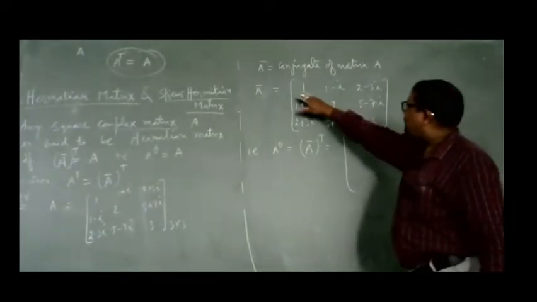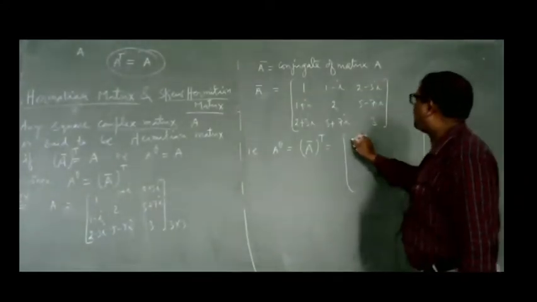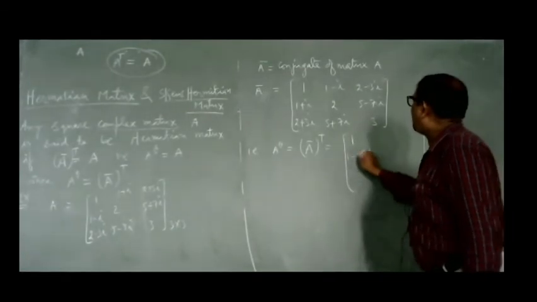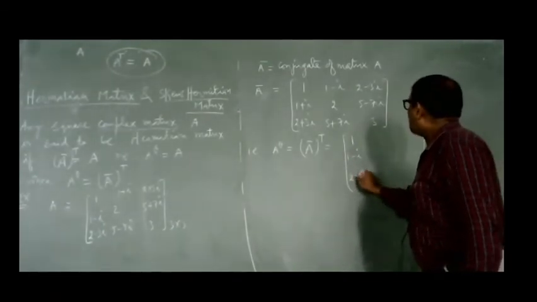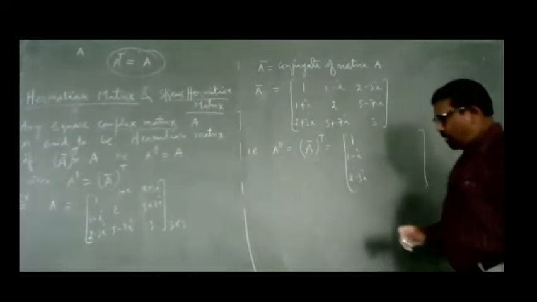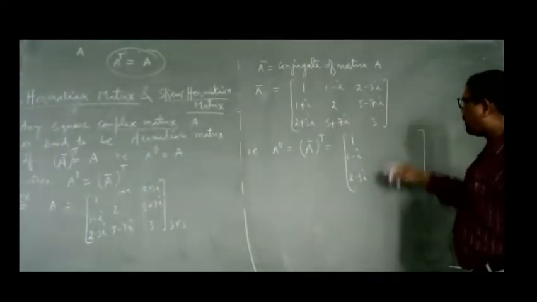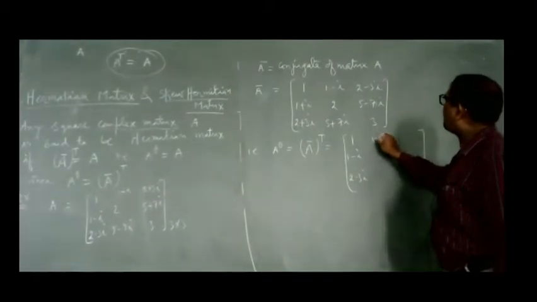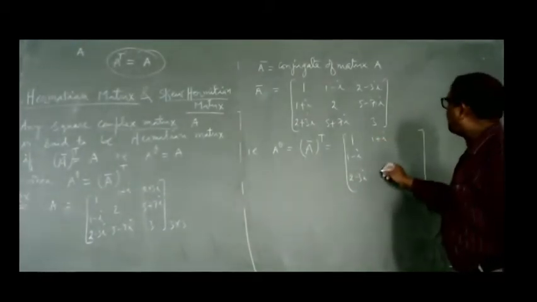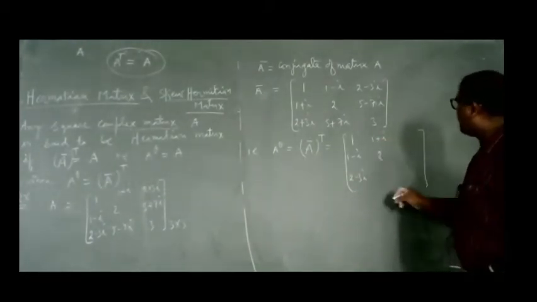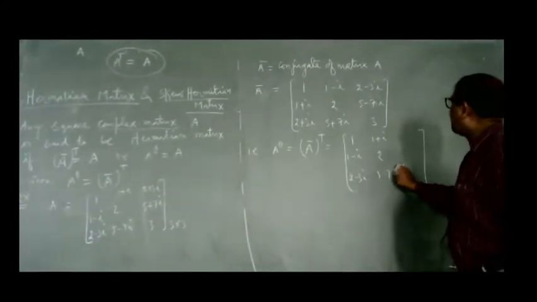When we interchange the first row into first column, you will get here 1 minus I, 2 minus 3I. When we interchange the second row into second column, here is 1 plus I, and here is 2, and here is 5 minus 3, 7I.